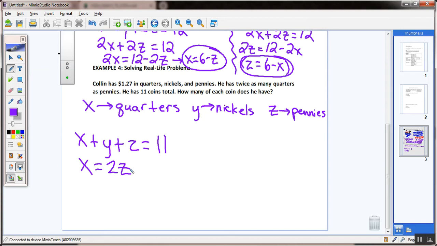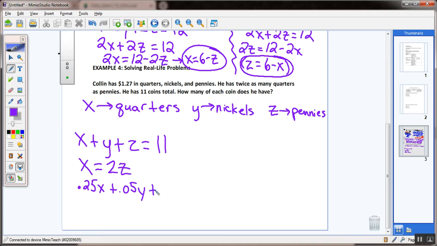How much money does he have? How much is each quarter worth? Last thing I'm going to write up here is 25 cents, 0.25x. 25 cents times the number of quarters, plus, how much is each nickel worth? 0.05 times y. And he has some pennies.